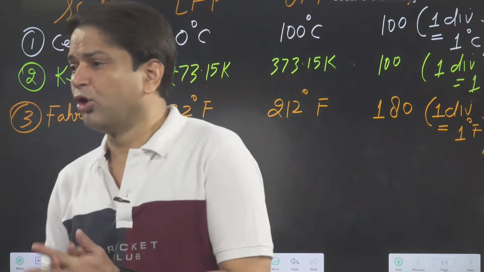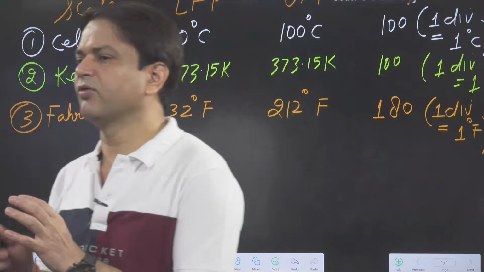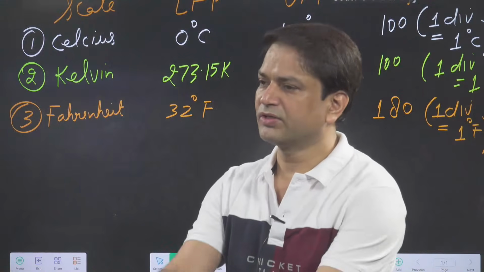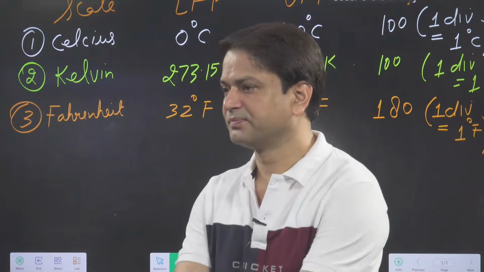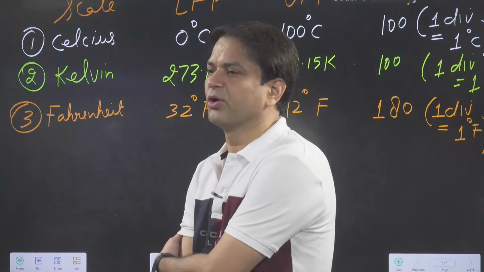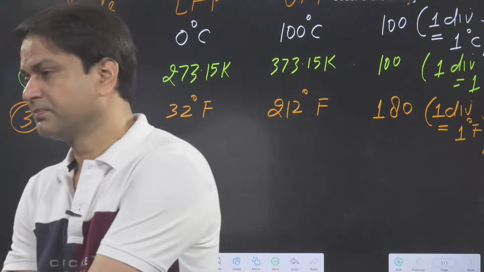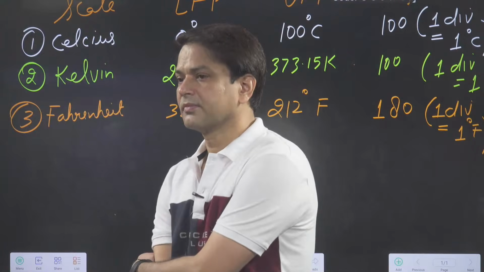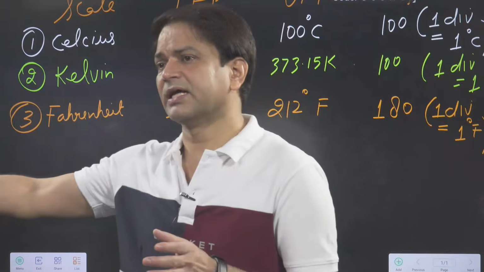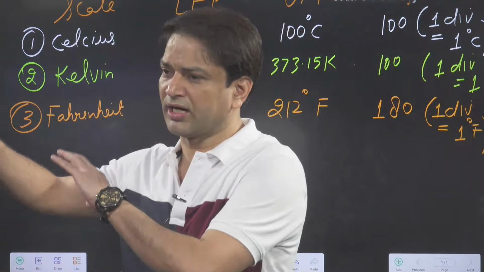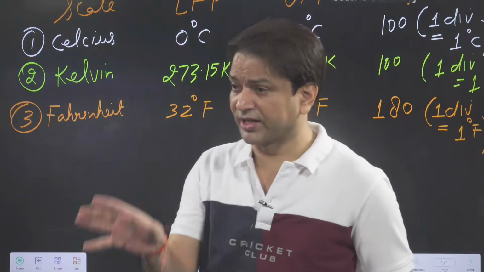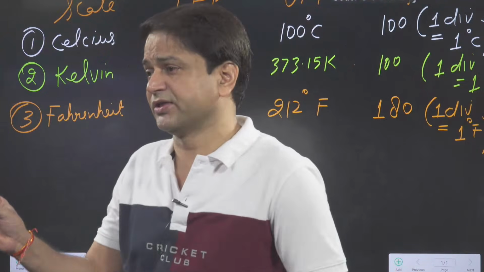Now who will say in which scale one division is the smallest? In the Fahrenheit scale. Why? Because the same temperature difference in Celsius and Kelvin is divided into 100 divisions, but the same temperature difference in Fahrenheit is divided into 180 divisions, it means each division will be smaller.